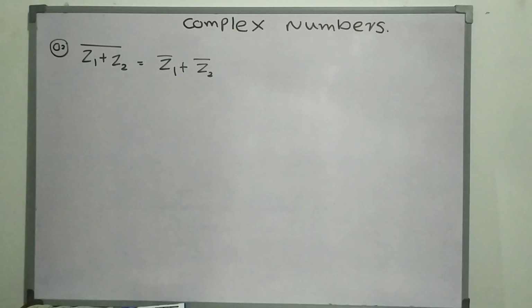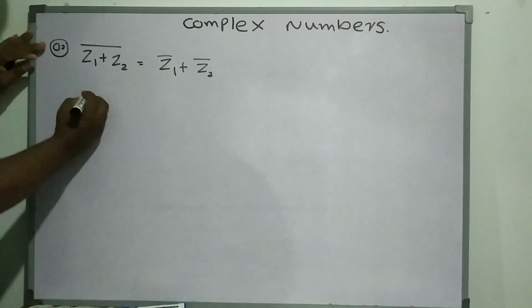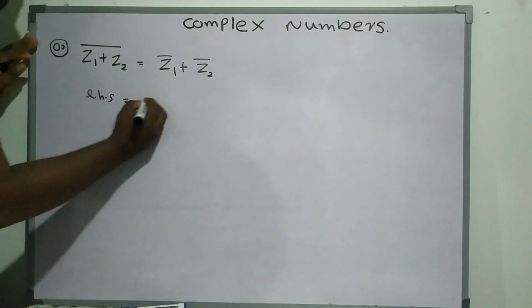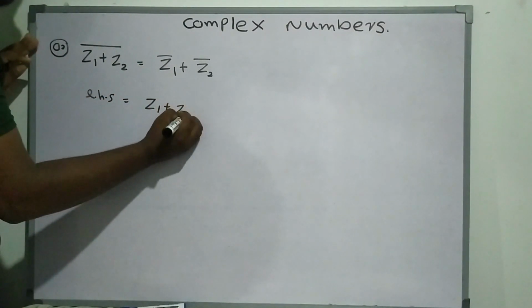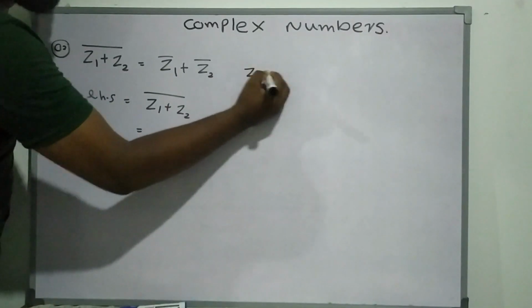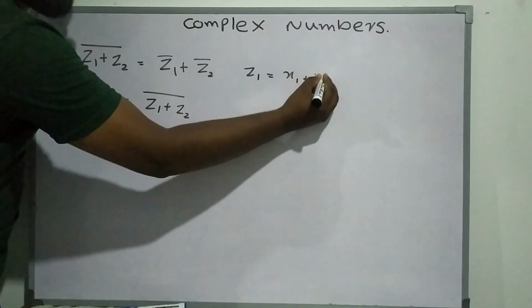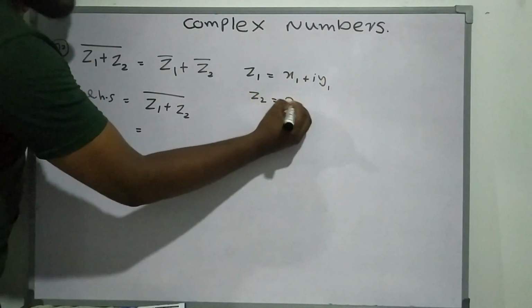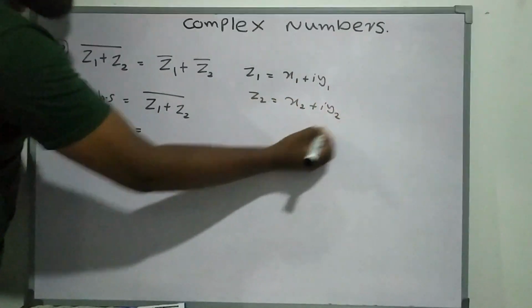Okay, the second theorem is (Z1 plus Z2) whole bar, which is equal to Z1 bar plus Z2 bar. So I am going to start from the left hand side, (Z1 plus Z2) bar. I assume Z1 as x1 plus iy1, Z2 as x2 plus iy2.